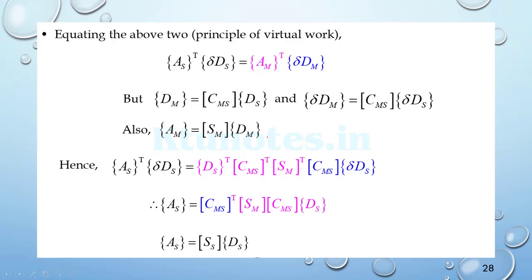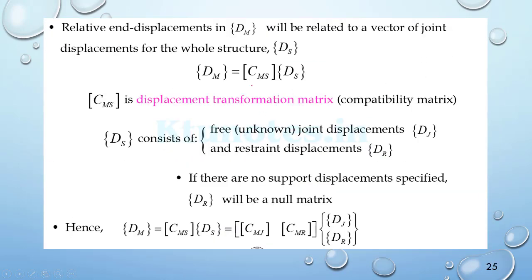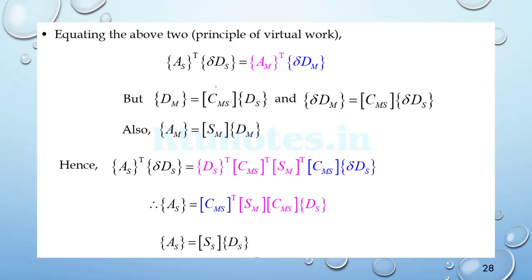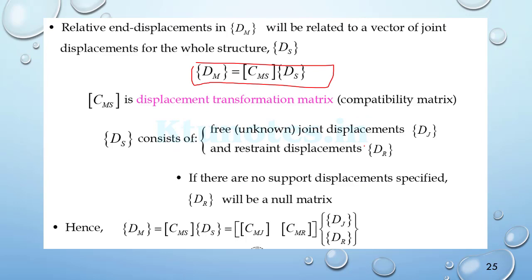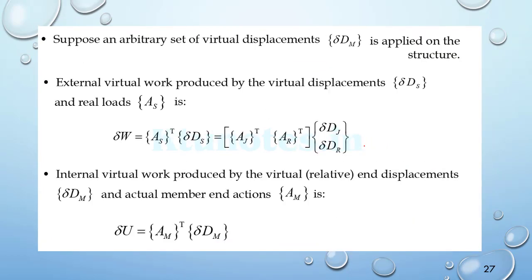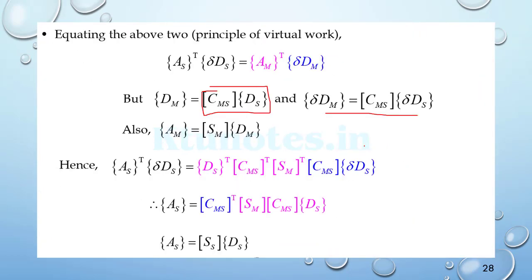We know that DM is equal to CMS into DS, and delta DM is equal to CMS into delta DS.